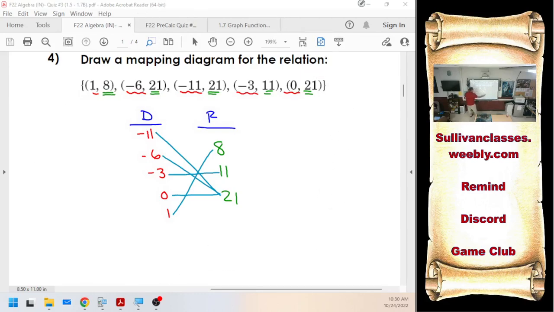Oh, before I press the button, is this a function? I'm literally seeing 3 people say no and 3 people say yes. Ruh-roh! What makes it a function? A domain can't go to multiple ranges.